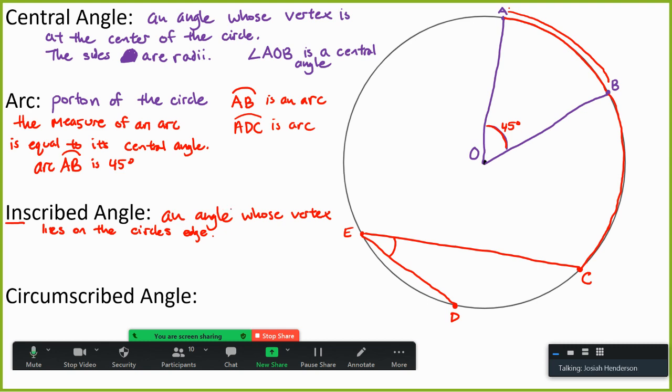And also just note the sides of an inscribed angle are chords, not radii, right? Because they're not from the center going to the edge. They're just kind of random lines cut through the circle itself. I'm going to add that in here. The sides are chords. And then for our example, I'm going to put that above it here just for space. I'm going to say angle CED is an inscribed angle.